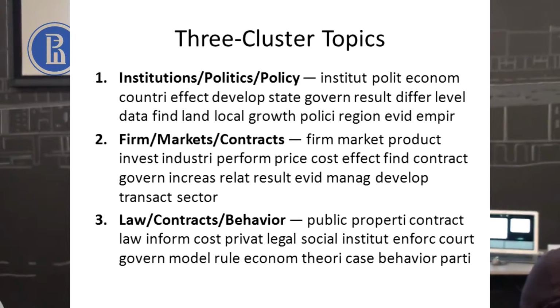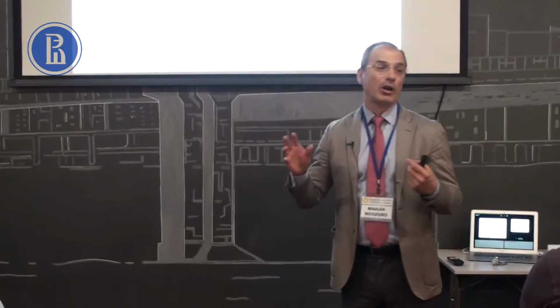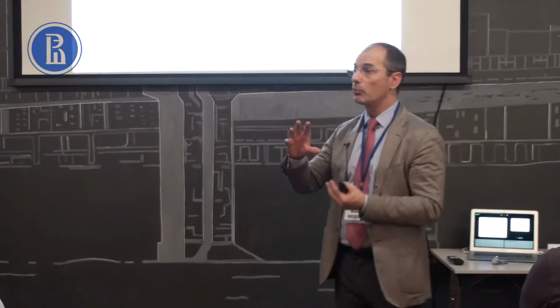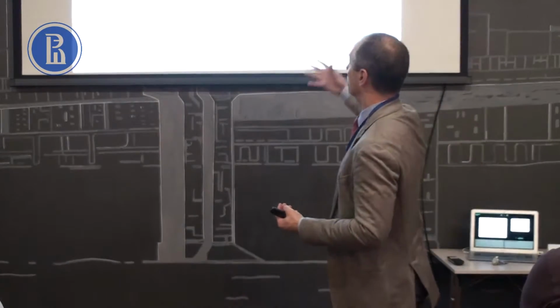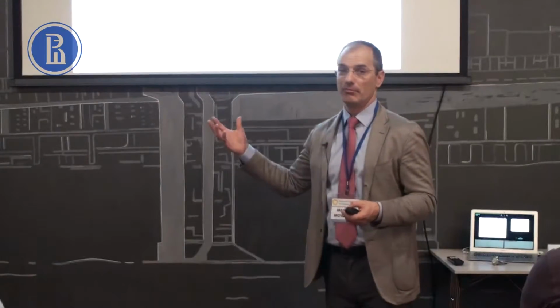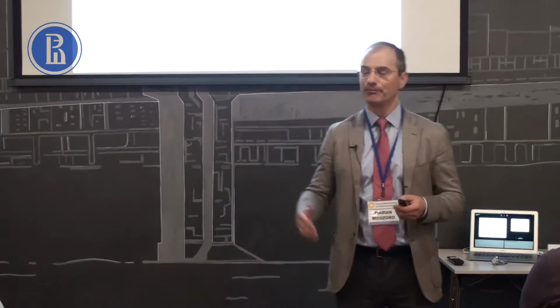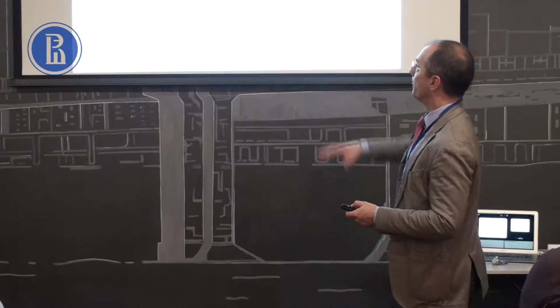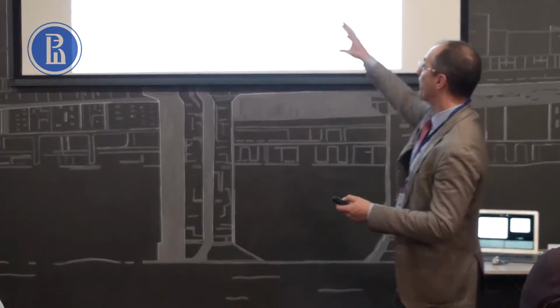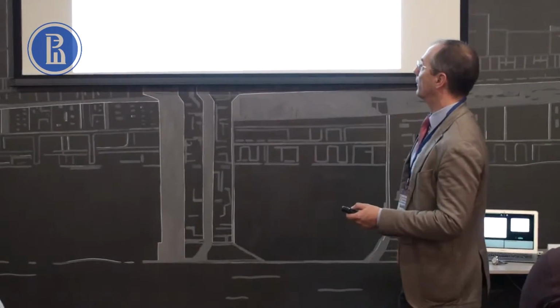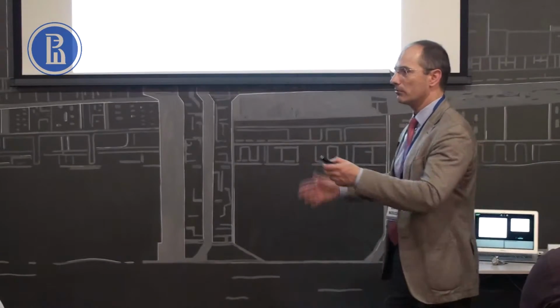So one of the questions was, are the topics evolving into more organizational economics? If so, when clustering by topics, we should find more about organizations or organizational economics. So you see that institutions appear, market, contracts, law, and law, contracts, behavior.